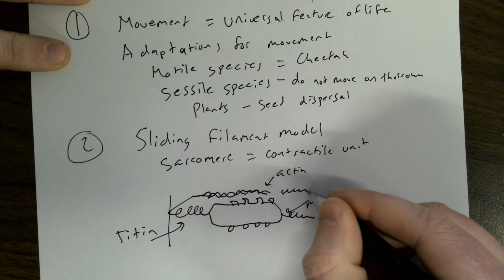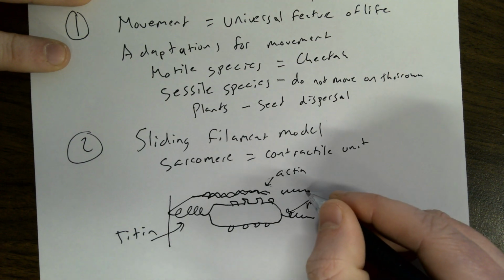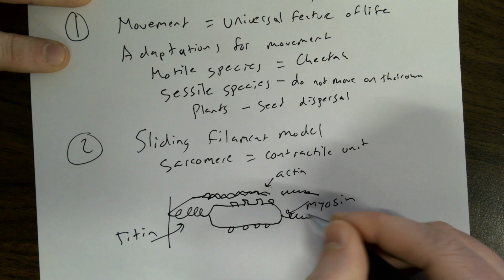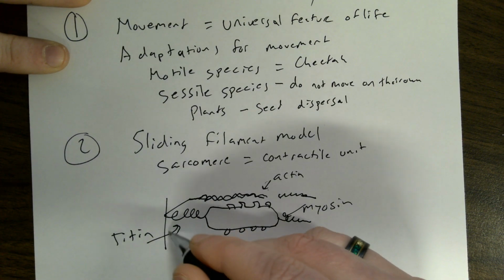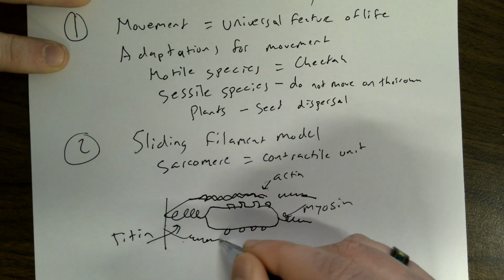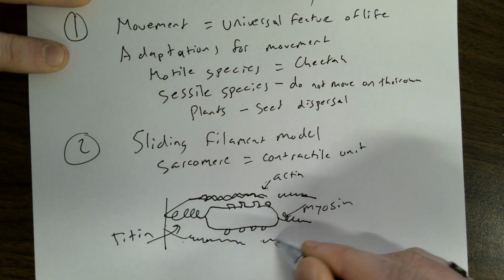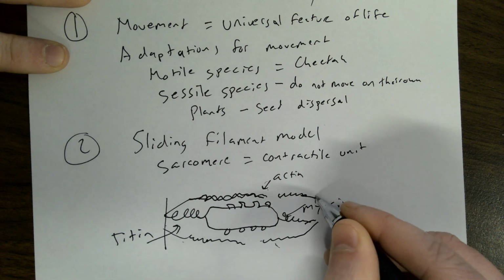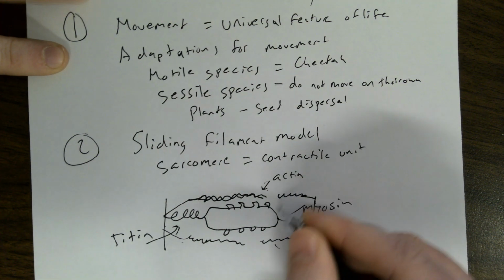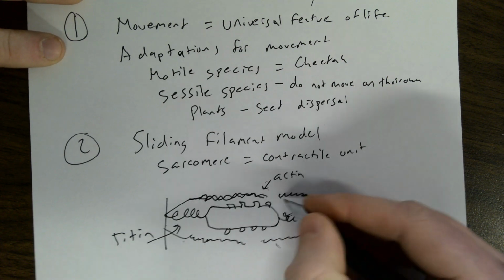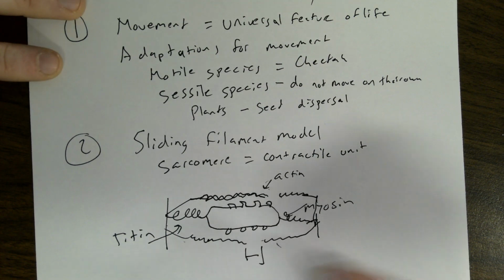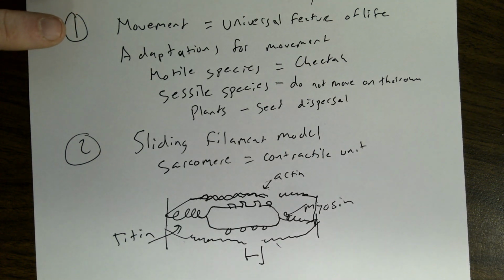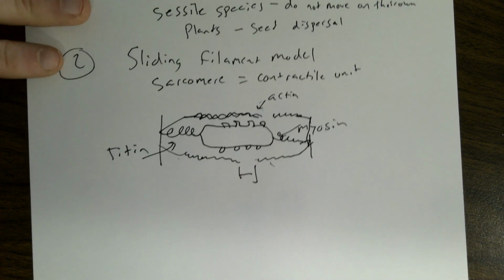You have the other sides of actin, like this. Actin, actin. So myosin goes through the middle, and then you have actin on either side. And this area here can shrink or grow. That's called the H zone, and that can shrink or grow.